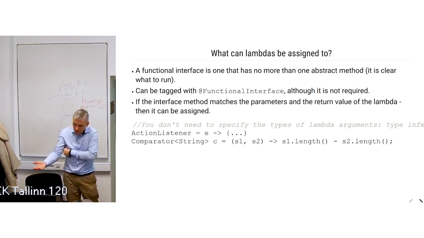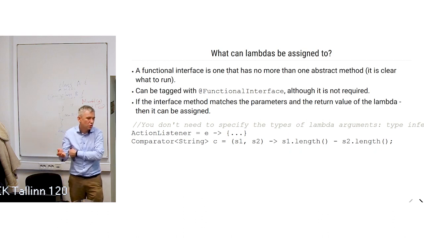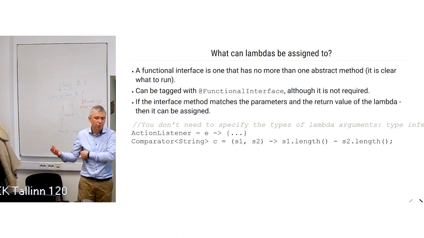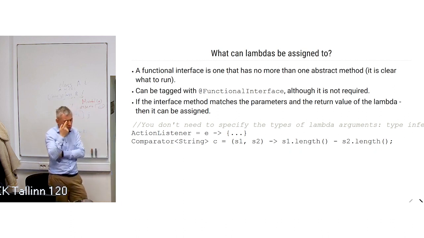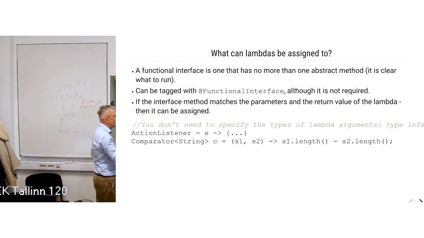As I told you earlier, in interfaces there might be default methods, not abstract methods. So you might have multiple default methods, but only one abstract method for the interface to be called functional. And if we have such an interface, then it's clear what method to run if we are going to run a lambda assigned to an interface.